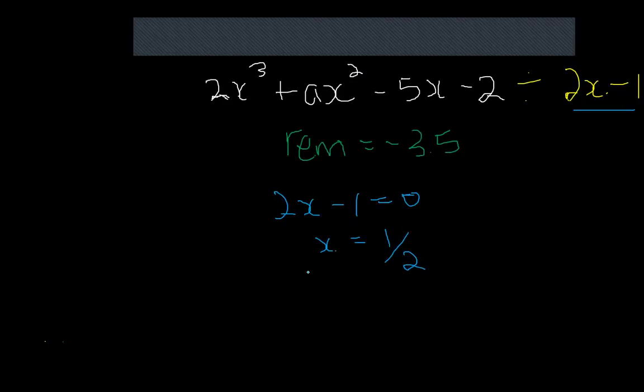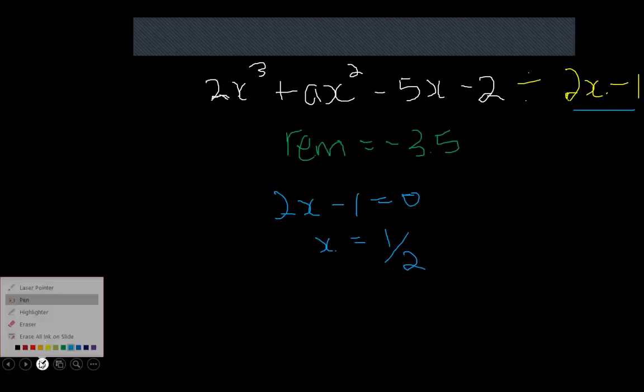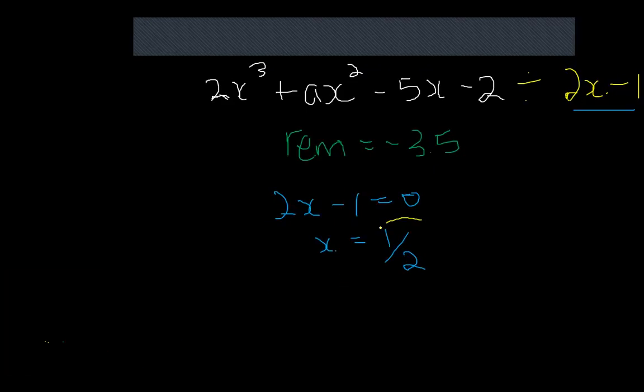Next step, this value of x that you got, substitute it into your polynomial expression. What do I mean by substituting the value? Wherever you see x in this polynomial expression, you put a half.